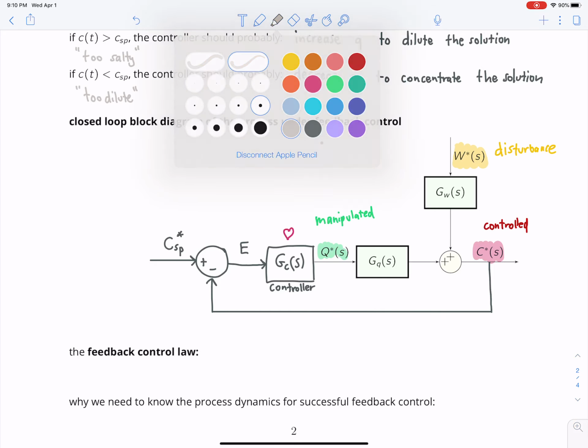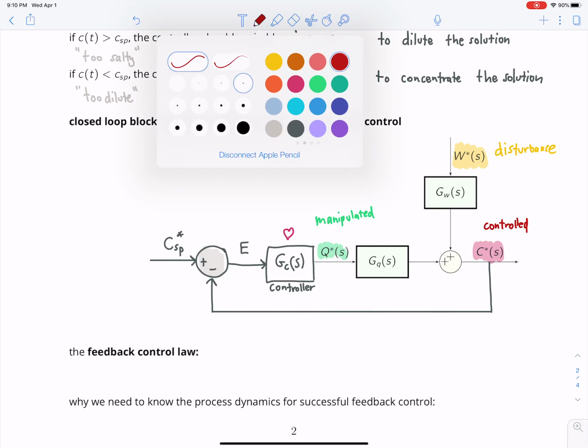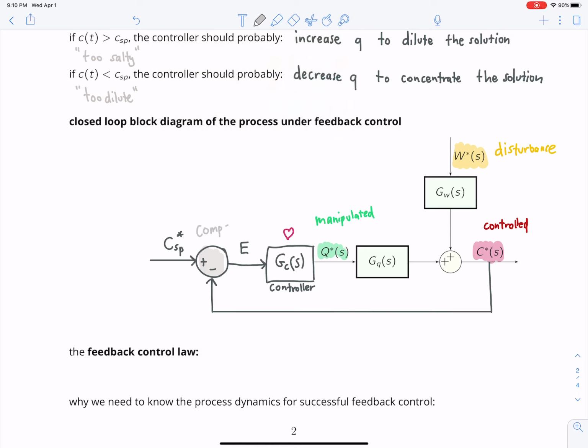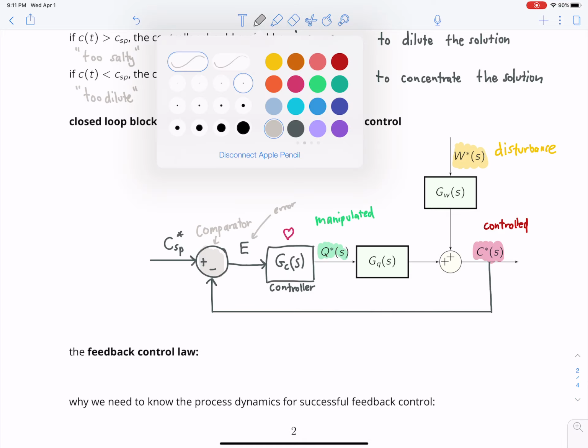Let's see, we'll use a different color. This is a comparator because it compares the set point with the actual value of C. Computes the error. So this here is the error. And then based on the error, the controller makes a decision as to how to manipulate a variable to compensate or counteract for the effect of the disturbance variable on C, right?